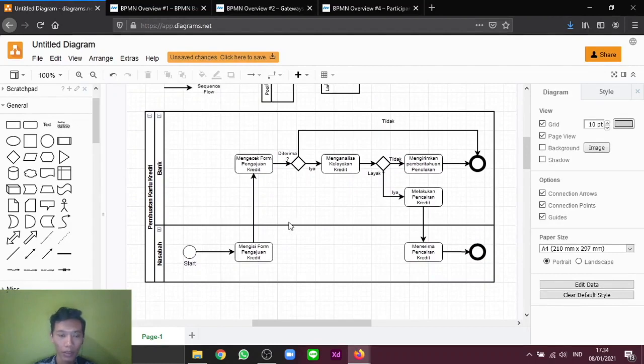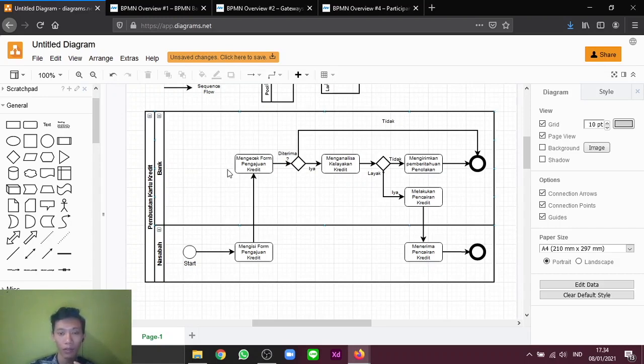So my BPMN is pretty easy. The nasabah completes the form, and next there is an analysis by the bank, whether it is profitable or not, or rejected.